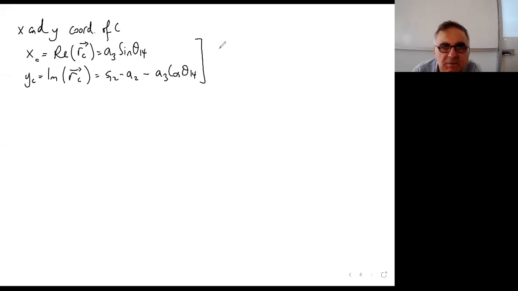So RC can be written as XC I, let's say, as a vector plus YC. So this is the position.